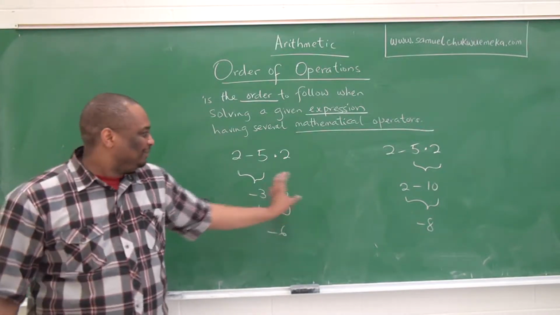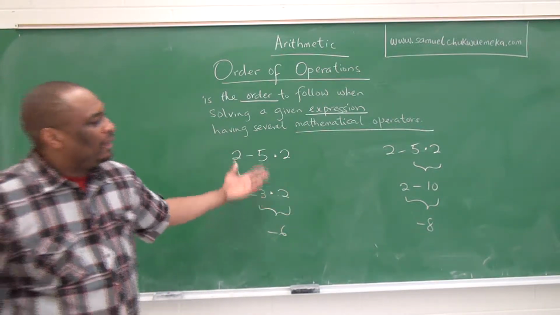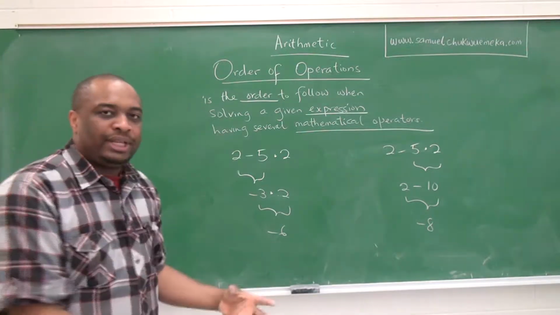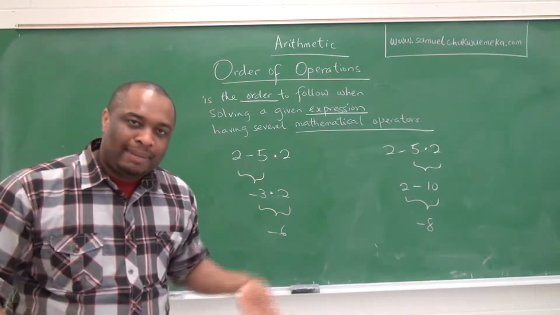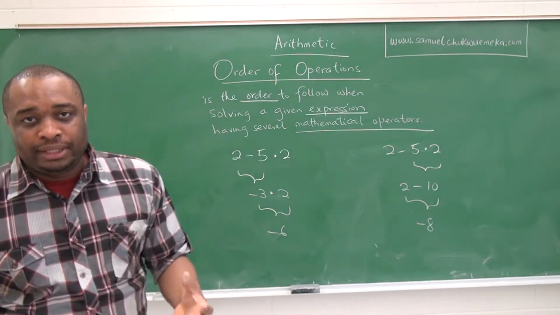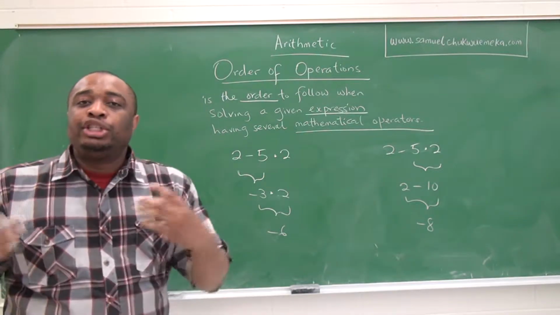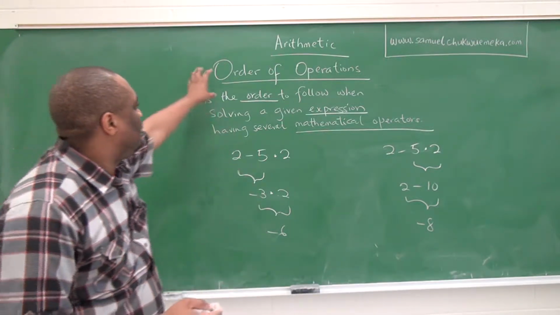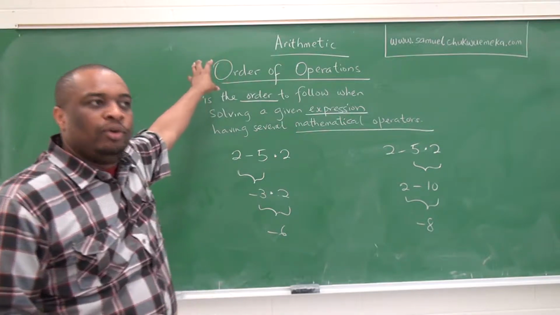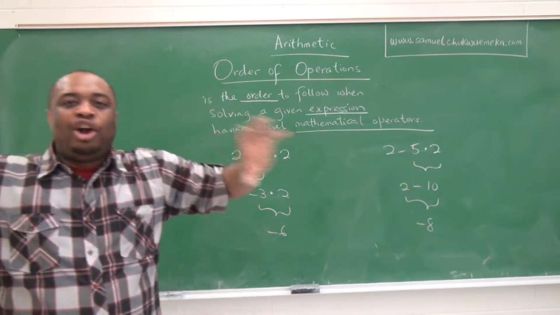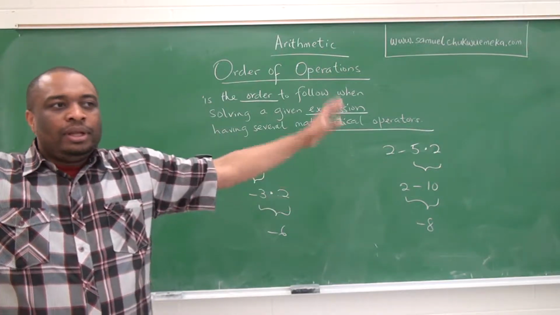So it becomes a problem when you have several operators in a mathematical expression. Who do you give priority to? Which operator should be executed first? That is why mathematicians say we've got to do order of operations so that we will have a consistent answer.